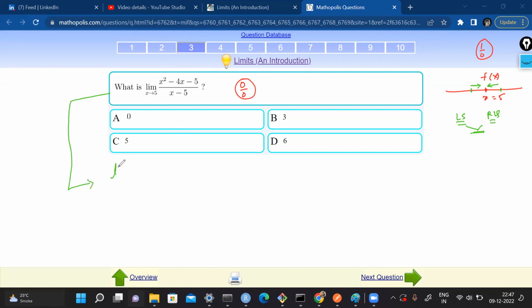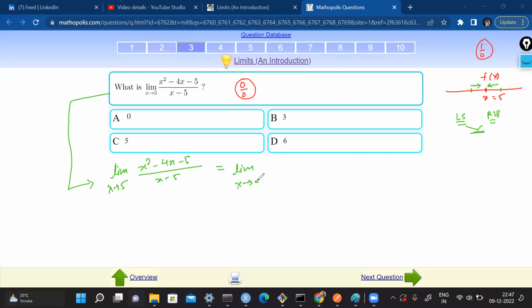Let me write it. x approaches 5, and we have the function x square minus 4x minus 5 divided by x minus 5. How can we solve it? In the upper part, we can compute the factors of it.